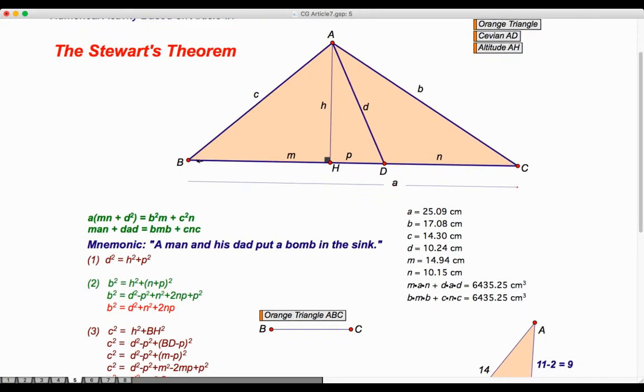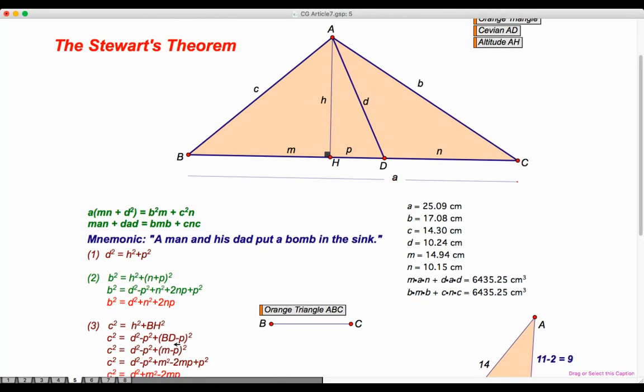Similarly, I will use this particular triangle again. So c squared is equal to bh squared plus h squared. But there is another expression for bh. BH is the same thing as bd minus p, and I can replace bd by m.